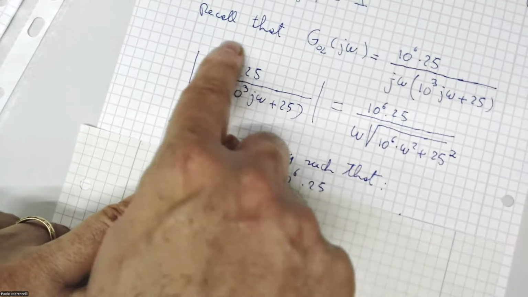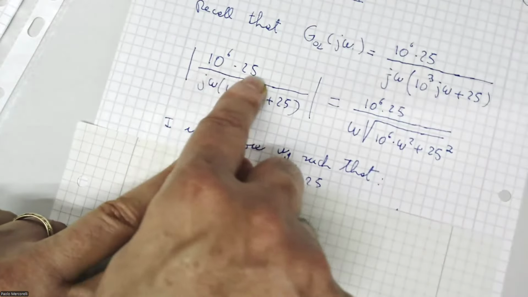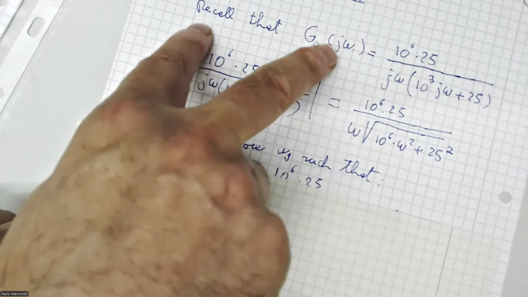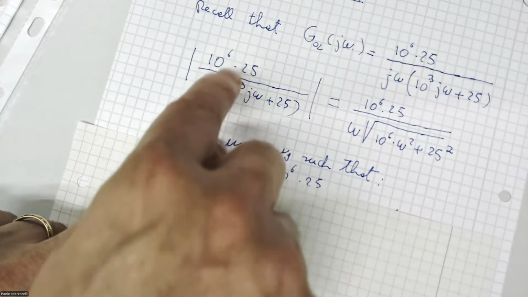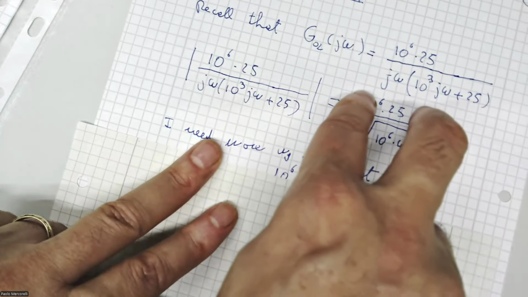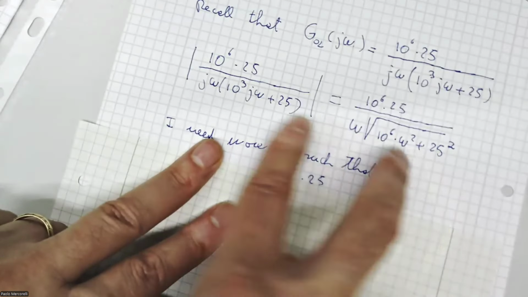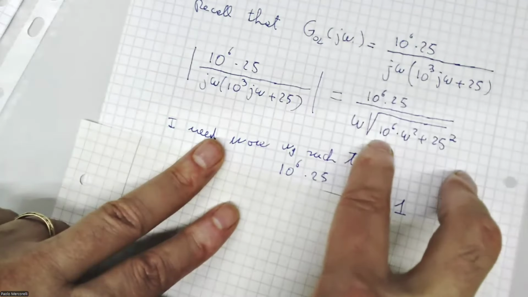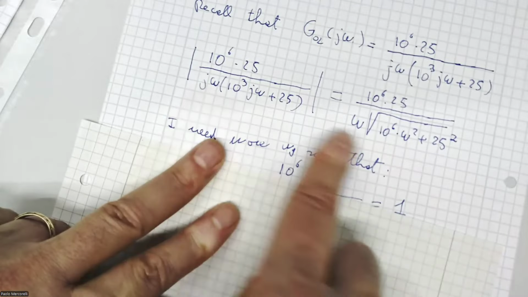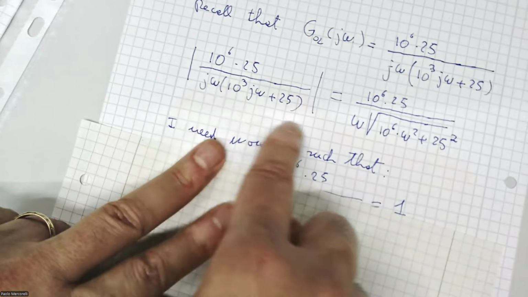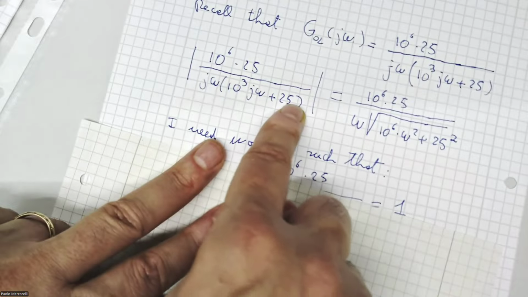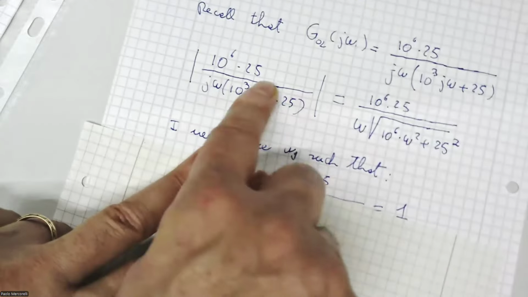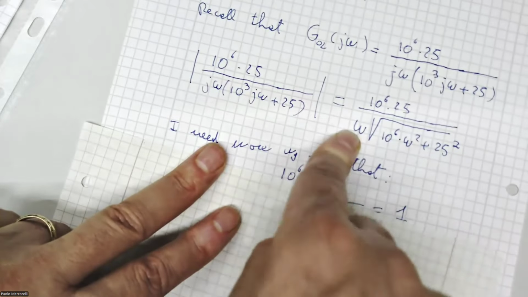Do you agree with this one? Because the amplitude of the numerator is the numerator itself, because it's real. The amplitude of a ratio is the amplitude of the numerator divided by the amplitude of the denominator. Here, we have a product between j omega and what is inside the parentheses. And again, the amplitude of j omega multiplied by what is here is the amplitude of j omega with this omega.